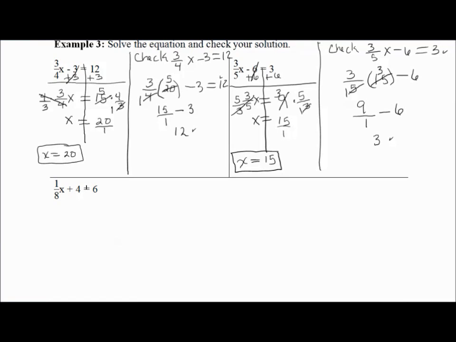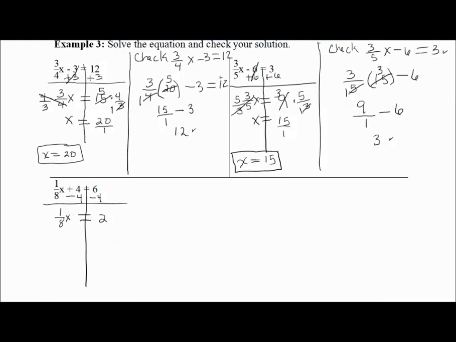Same old, same thing. Divide your equation into two parts. This time I have plus 4. Opposite of plus 4 is to minus 4. So I want to say minus 4 to both sides. Bring down what I have left. It's 1/8 x equals, and then 6 minus 4 is just 2.